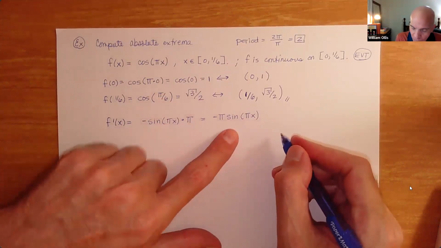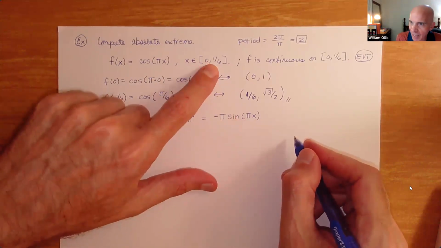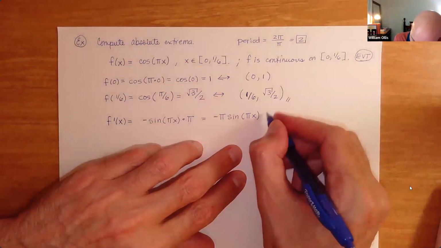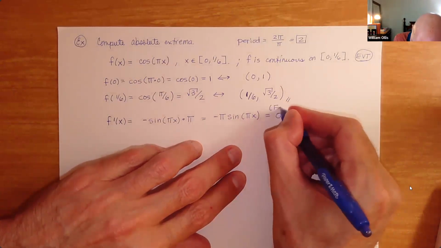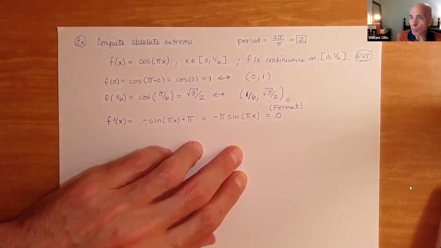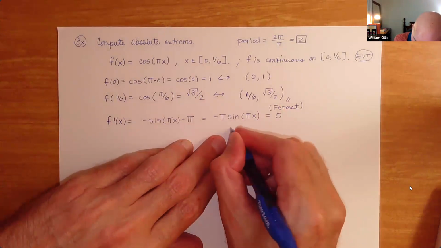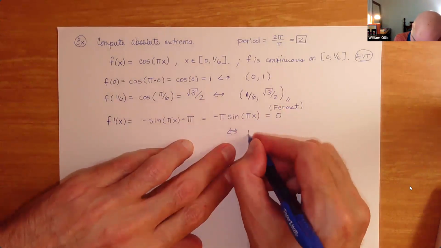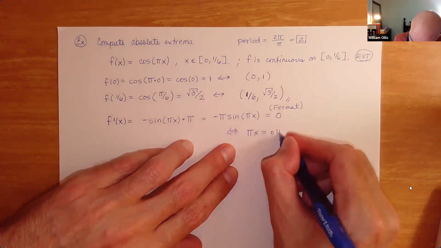Now, of course, this is always defined, and of course we've kind of beaten that up too much. So we'd say, well, equal to 0. So this again is where we bring in the Fermat, because the Fermat is connected to the critical numbers of f. And so this would mean, of course, when is the sine equal to 0, that would mean pi x is just a multiple of pi, where n is an integer.